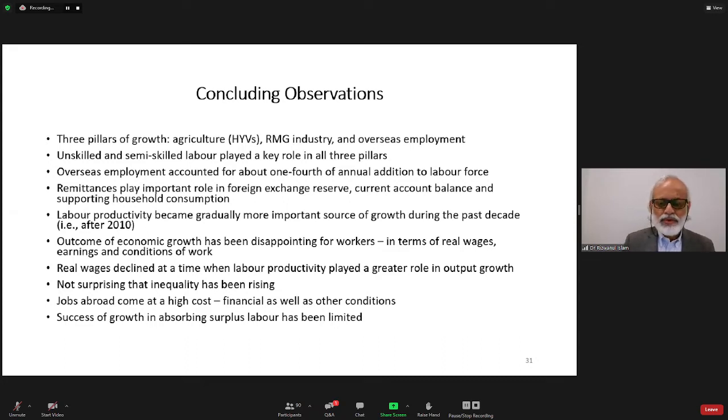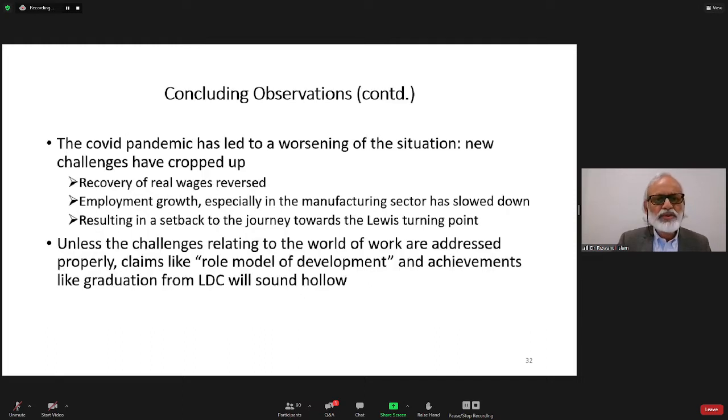So in conclusion, what can we say? We can say that yes, the country has achieved very impressive rates of growth. It has made achievements in the social dimensions also, but there are limitations, there are challenges that remain, and I have not even touched upon the latest challenges created by the COVID pandemic that has led to a reversal of some of the major improving trends.